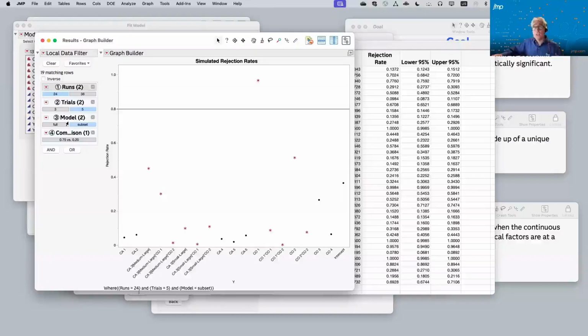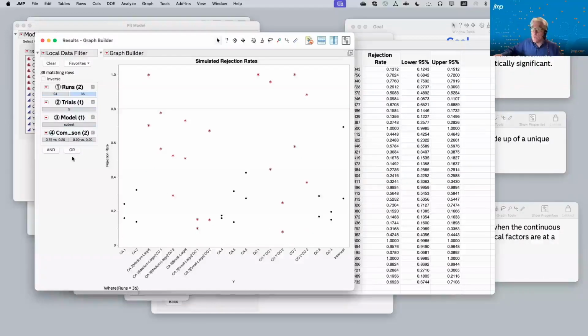Let's try one other thing. Let's say my initial design, instead of doing 24 runs, let's go to 36 runs, and it gets even better. What if I wanted to look at a difference, not of, let's say my baseline was not 0.75, but it was 0.90. And again, by the way, these asterisks are the effects that I specified in the model as being significant.